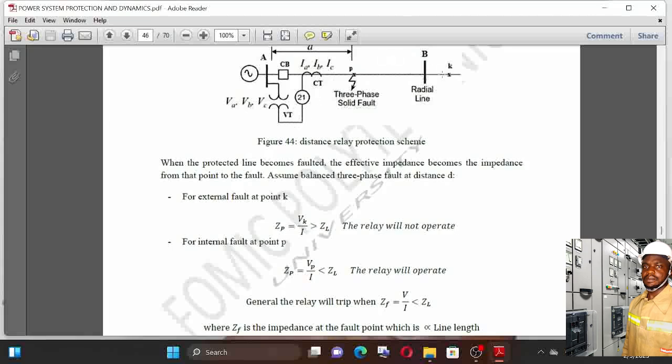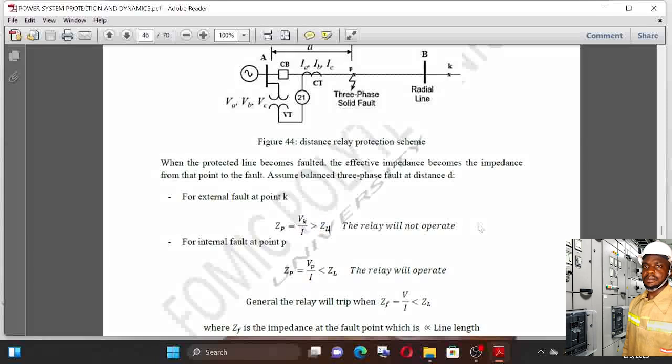If there is a fault at this other point, the impedance will change. Let's say, for example, there's a three-phase short circuit here. Current will not be flowing in the normal pathway, but through this other pathway. So it will determine an impedance that is much greater than the normal impedance of the line, and so the relay will not operate for that external fault.